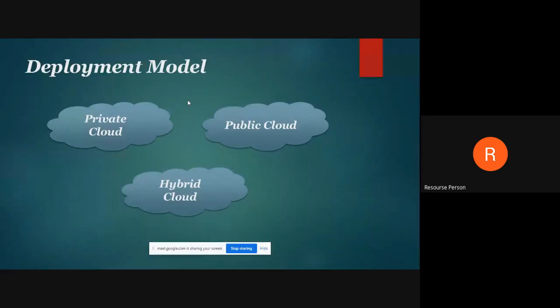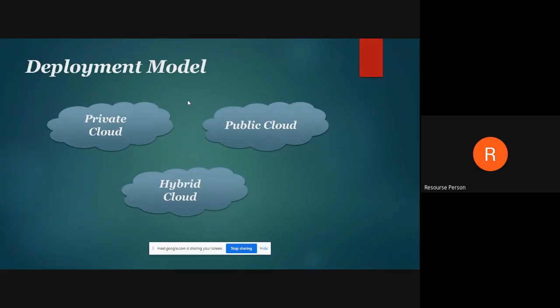This is the actual definition of hybrid cloud: hosting your private services over the public cloud is called hybrid cloud. Whenever they need maximum resources, they will host their services and applications on the public cloud. So they are using it as a hybrid cloud.